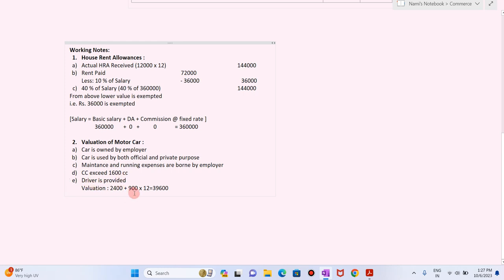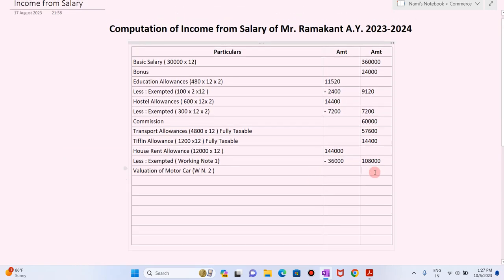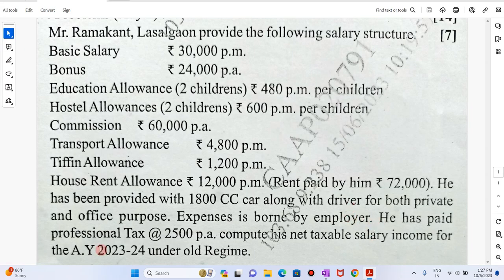Driver is also provided, that's why 900 rupees multiplied by 12 per month. Okay, so 2400 plus 900 multiplied by 12. So valuation of motor car is 39,600. Write it in the outer column, 39,600.